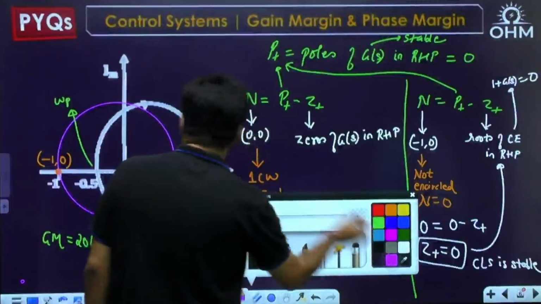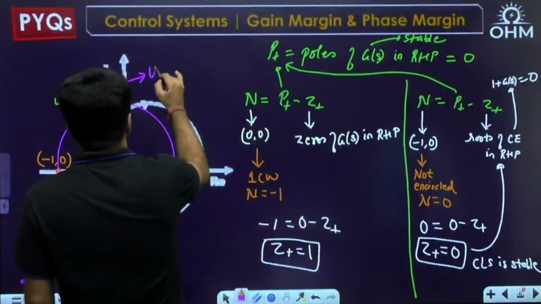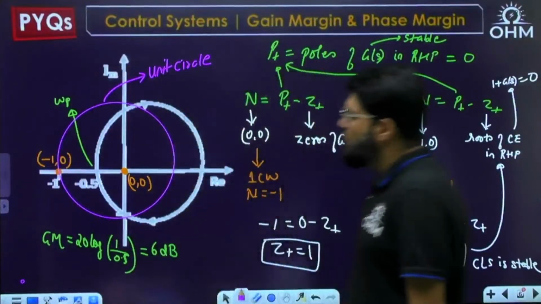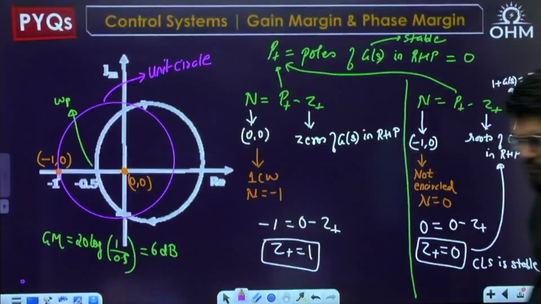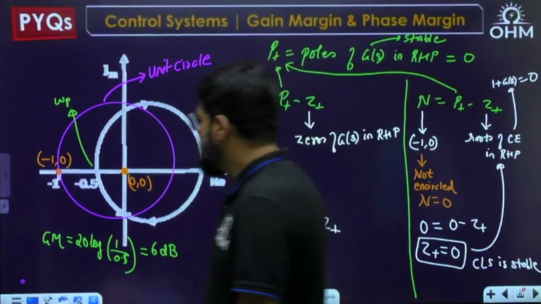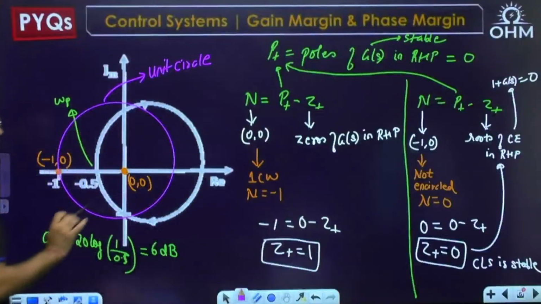I'm going to call it the unit circle. What is a unit circle? It is a circle having center at 0, 0 and radius equal to 1. So minus 1 comma 0 also lies on the unit circle.